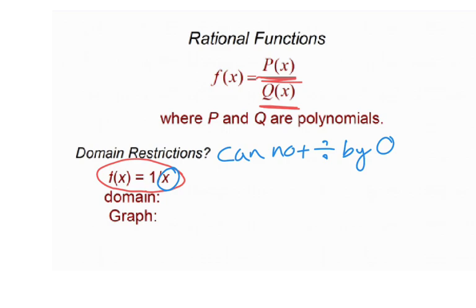your domain is going to be, I'm going to write this one in set notation, the set of x such that x cannot equal 0. And in interval notation, it would have been negative infinity to 0 or 0 to positive infinity.